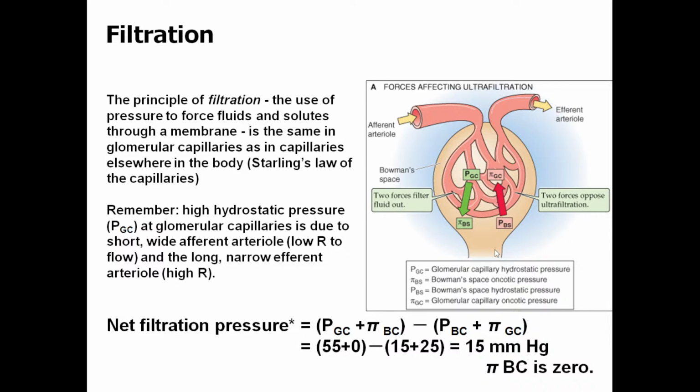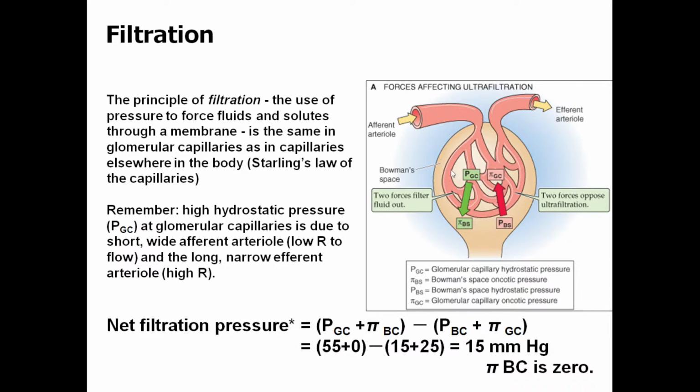And the addition of oncotic capillary pressure and hydrostatic Bowman's capsule pressure represents the sum of forces that oppose filtration, given in red. And when subtracted from the hydrostatic pressure of the glomerular capillary, this is the net filtration pressure, the final one, which is shown in the slide.